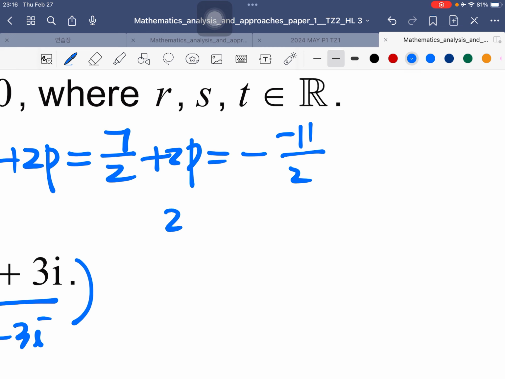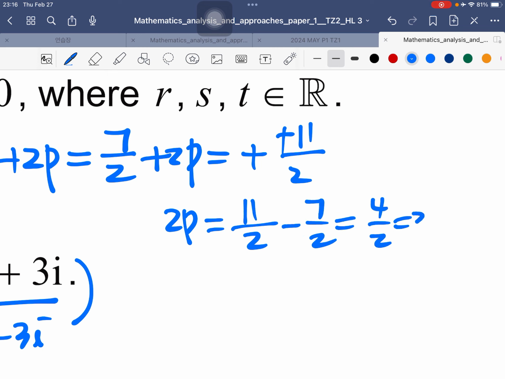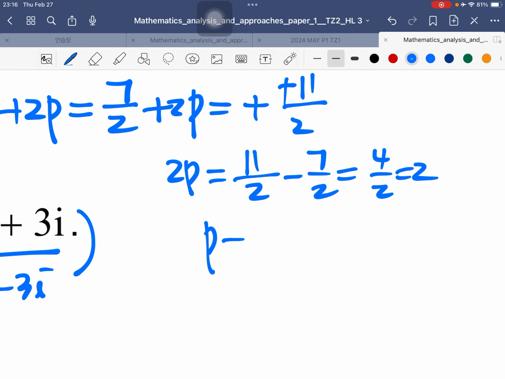So 2p equals 11 over 2 minus 7 over 2, which is 4 over 2, which is 2, so p is 1.